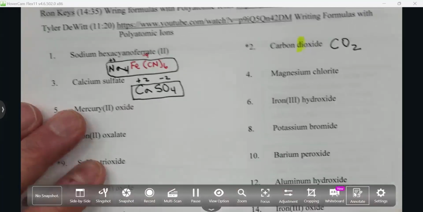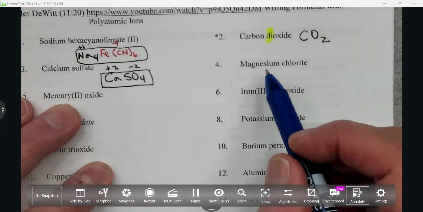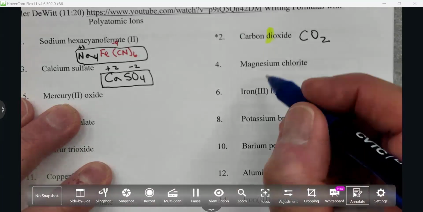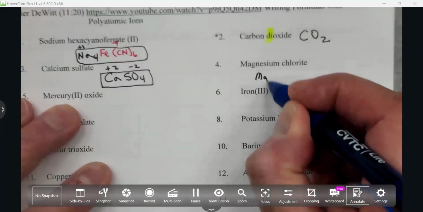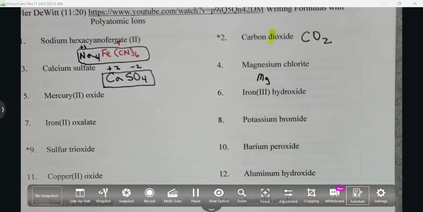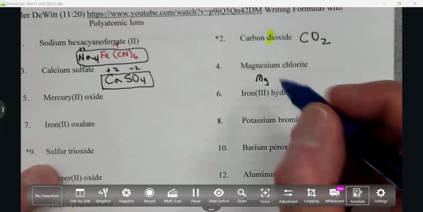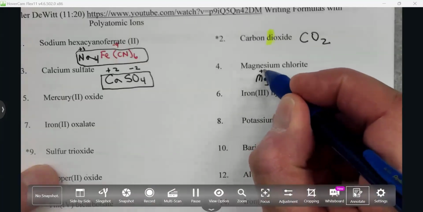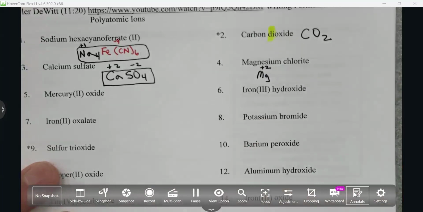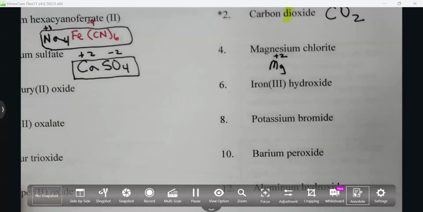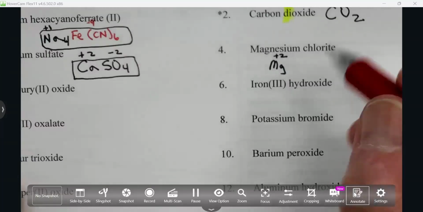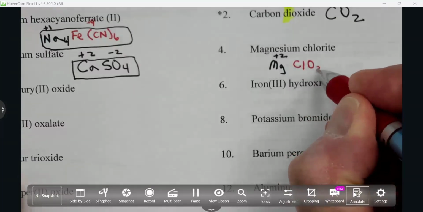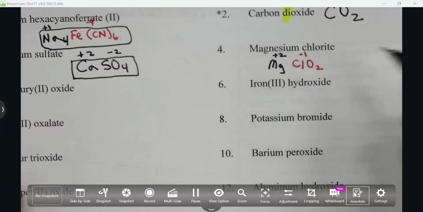All right, now. Magnesium chloride. Magnesium is Mg. What oxidation state? +2. Chloride, Cl -1.